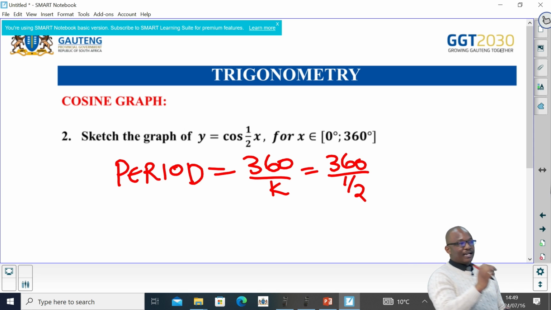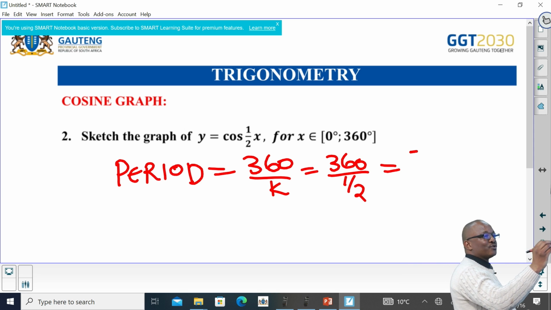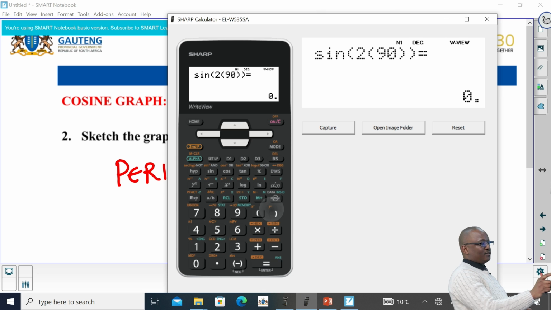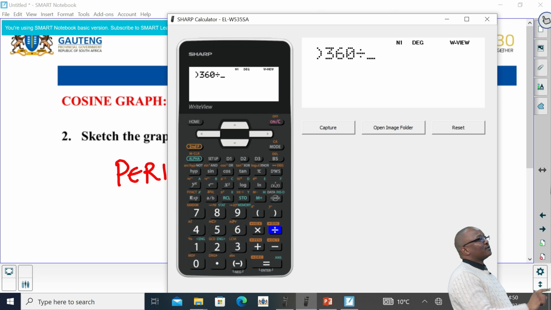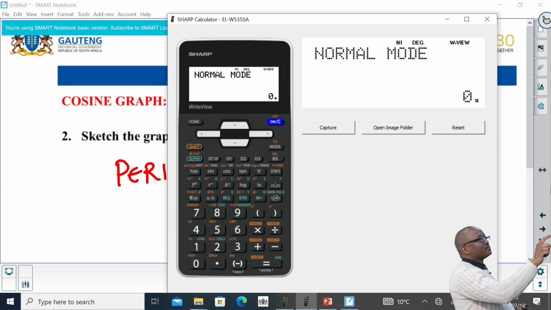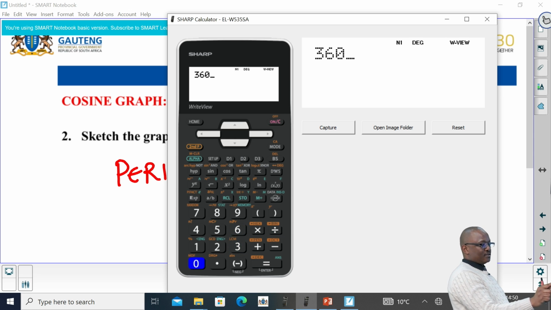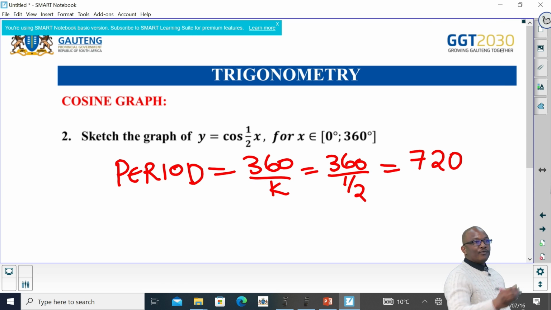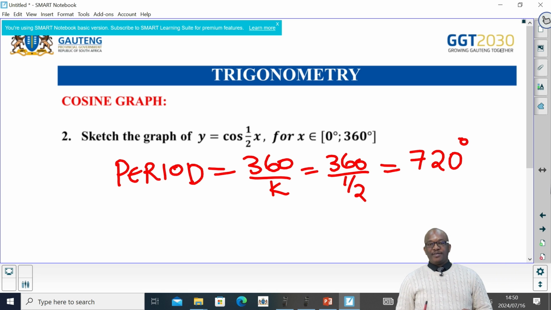Correct? Then now, the period is going to be 720. If I'm not mistaken, 360 divided by 1 over 2, then we are going to have 720, of which I'm correct. We are going to have 720 degrees as our period.